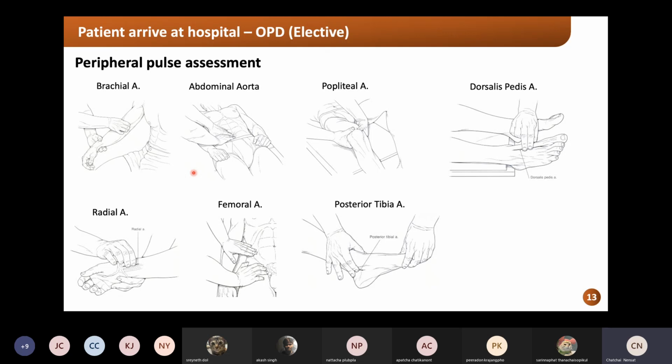But anyway, in some patients, if you don't feel the pulse on the peripheral extremity, you have to palpate the pulse on the femoral or abdominal aorta, which is a large artery and an easy way to feel the pulse.